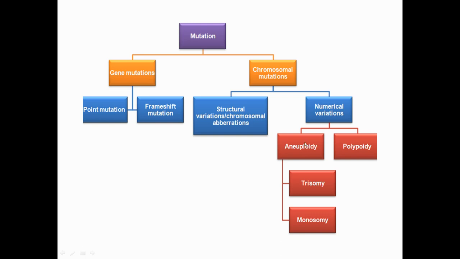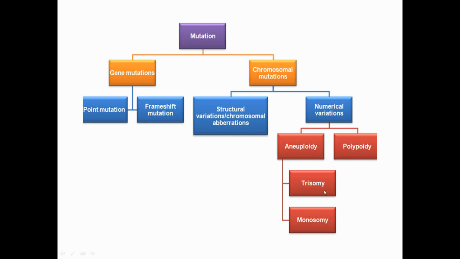If there is an increase or decrease in the number of chromosomes in a particular organism, this condition is referred to as aneuploidy. This can be trisomy if there is one extra chromosome in a pair of homologous chromosomes. A pair of homologous chromosomes has an extra chromosome.